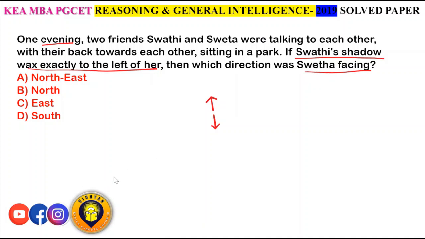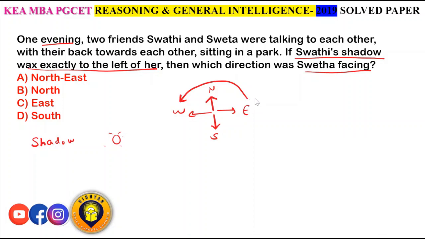So what is the thing related to shadow and sun? Shadow and sun are opposite to each other. If I say this is north and this is south, this will be east and this will be west. Sun travels from east to west, right?